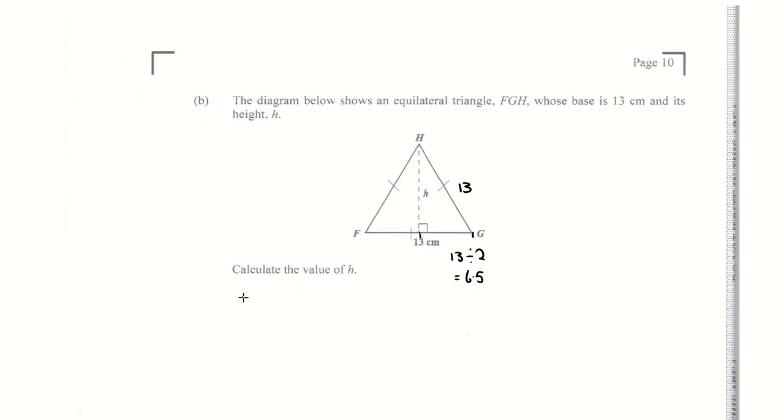So we know that hypotenuse squared is equal to your height squared plus, I don't know what to call this, let's call it 6.5 squared, right?